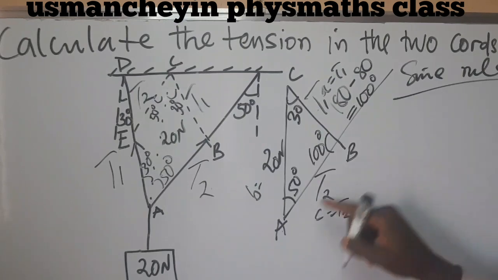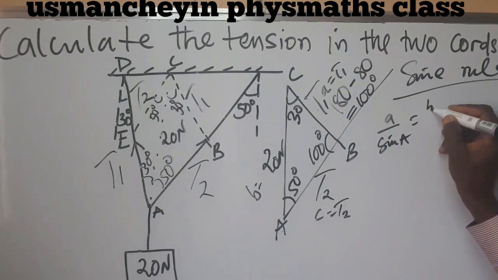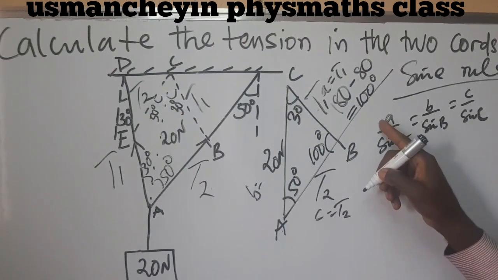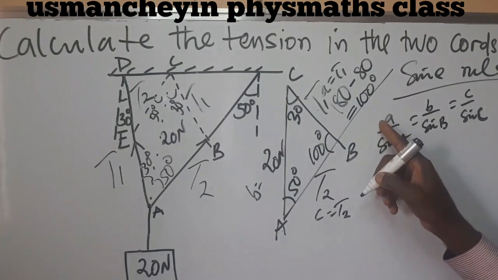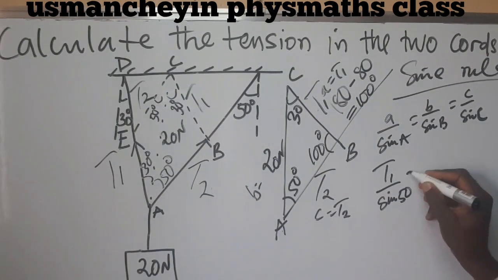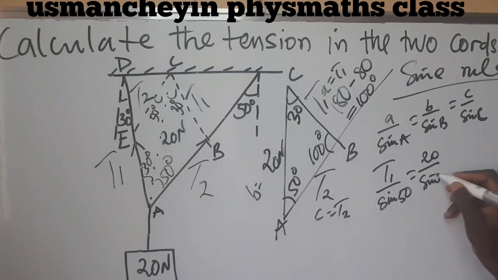So we have small a over sine capital A equals small b over sine capital B equals small c over sine capital C. Okay, so that is what we're going to be using. If you decide to pick A, small a is T1, so we have T1 over sine 50 equals small b, which is 20, over sine 100.